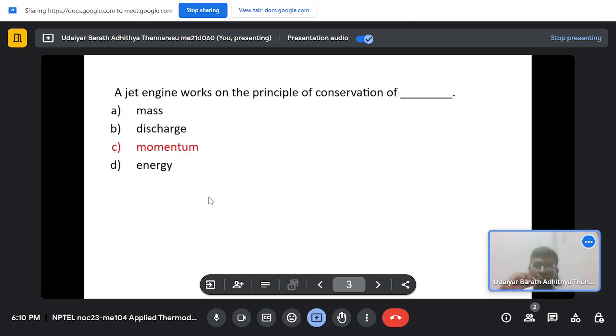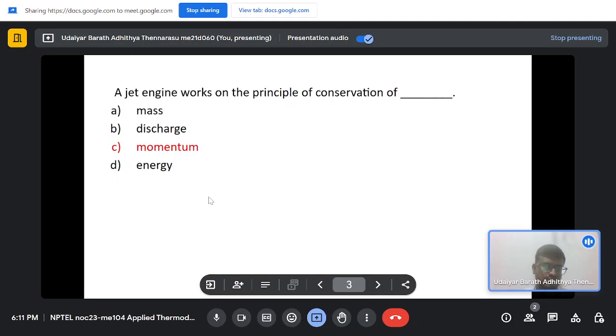As I told previously, according to Newton's law, anything in a state of inertia will try to stay in its state of rest. So consider there is air coming in, and the velocity at which air is going out, there is a difference. Consider there is air going out of the aircraft at a relative velocity. Previously we considered the aircraft to be at rest.